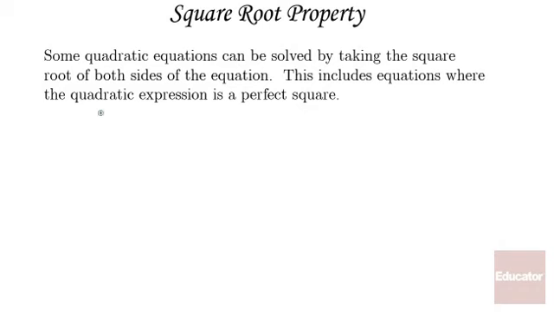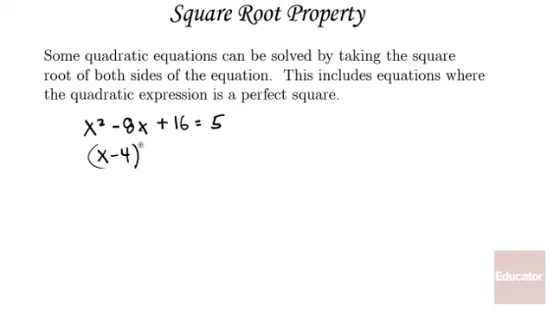Now, recall that some quadratic equations can be solved by taking the square root of both sides of the equation. This includes equations where the quadratic expression is a perfect square. For example, if you have x squared minus 8x plus 16 equals 5, you may recognize that this trinomial is a perfect square trinomial.